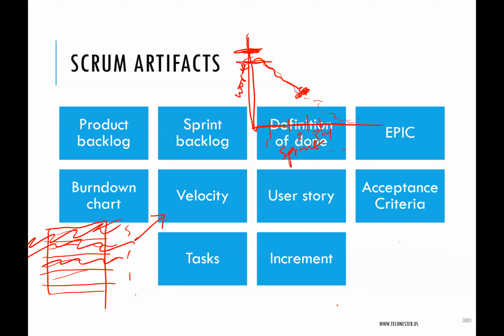So your sprint velocity is the average amount of hours it takes for the development team to complete the tasks in a sprint.